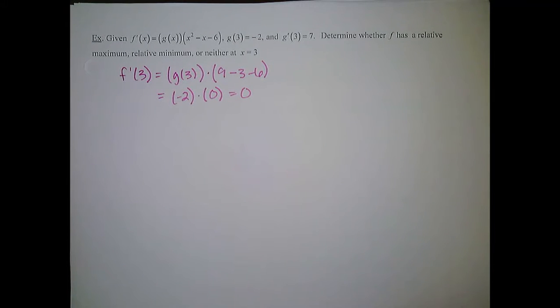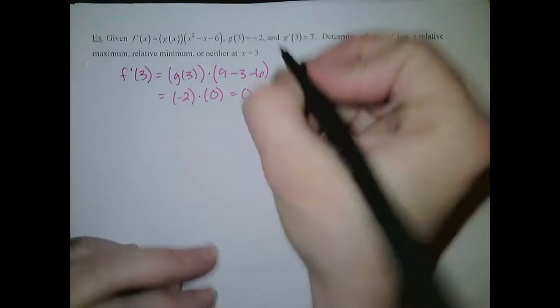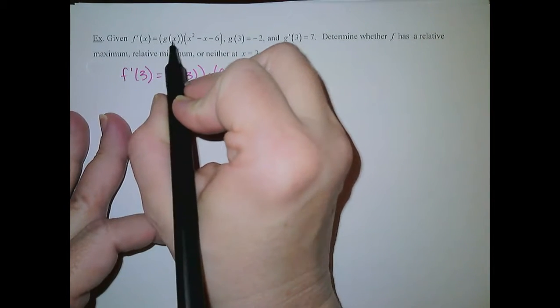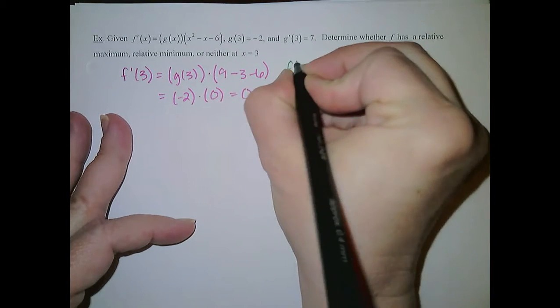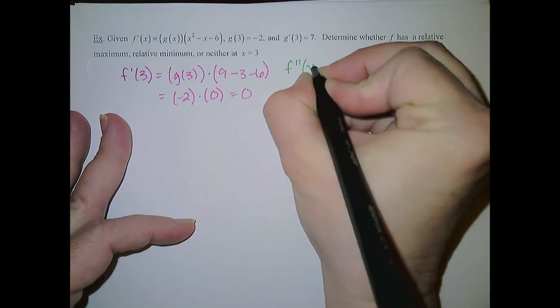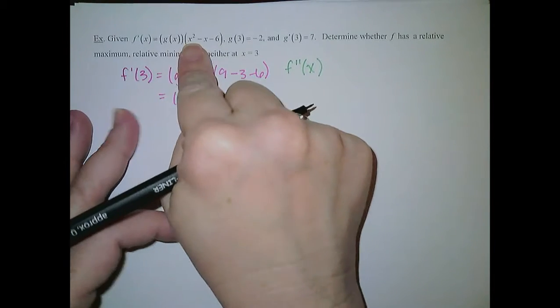So we've got a critical number at 3, which means we may possibly have a maximum or a minimum. So if we can determine the sign of the second derivative, we'll be able to determine whether or not it is, in fact, a maximum or a minimum. So if f prime of x is equal to g of x times x squared minus x minus 6, then the second derivative of f will be the derivative of the first derivative.